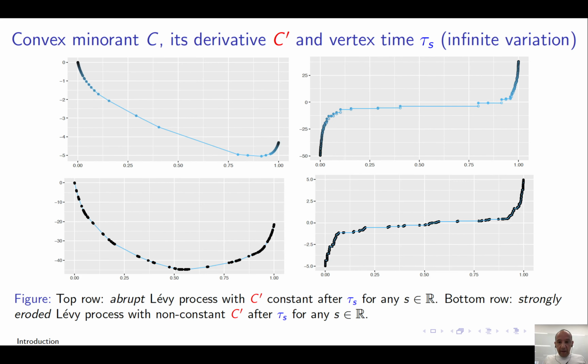Now, in the infinite variation situation, the picture is as follows. There are typically two classes of processes. There are the abrupt processes, which have convex minorants of this type, where the derivative of the convex minorant always has a jump. Every time the process touches the convex minorant, it leaves it, and there's always a kink, so there are never accumulation points of touching.